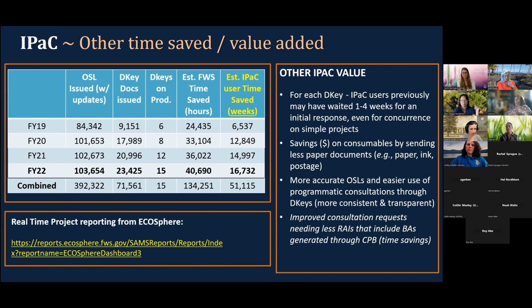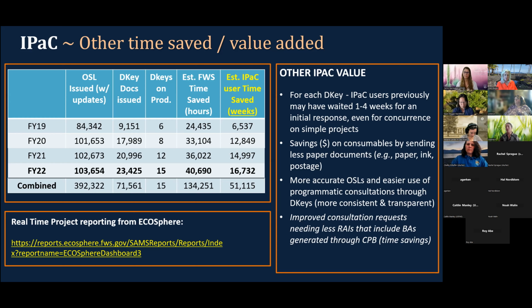So the ability to use IPAC for the consultation process has really moved the needle and shifted how we approach our work and how we approach garnering good conservation through the Endangered Species Act without making the process itself arduous. And hopefully that's what you find as you start using it out there.